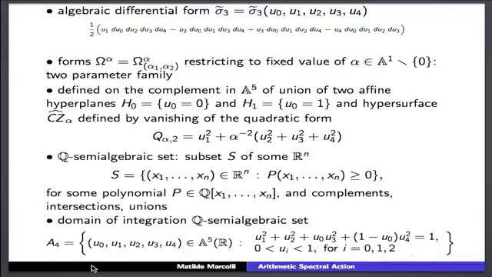So in these same variables, the locus of integration is described by polynomial relations, and the result of computing this integral is a number.